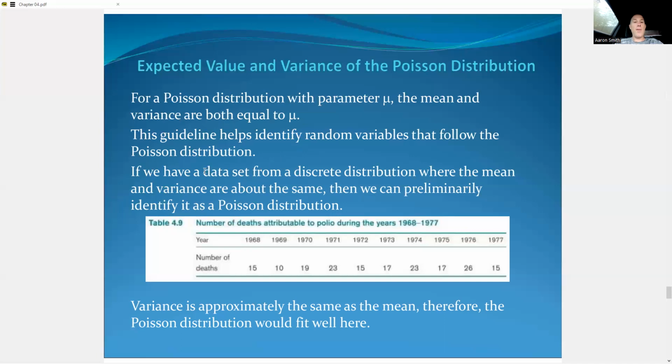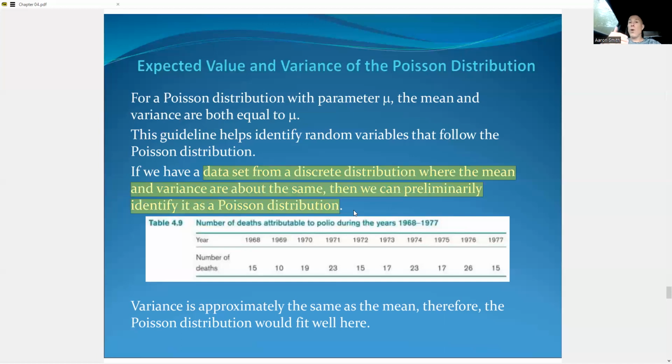So if we have a data set from a discrete distribution where the mean and variance are about the same, then we can usually treat the random variable as being a Poisson distribution. So if I look at my data, I see my sample average and my sample variance are close to each other, then I'm going to be looking to use the Poisson distribution.